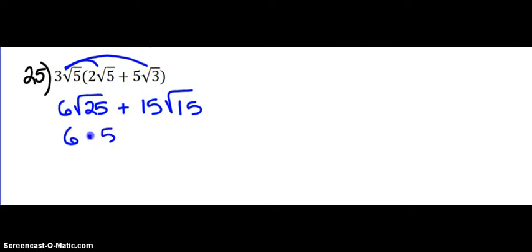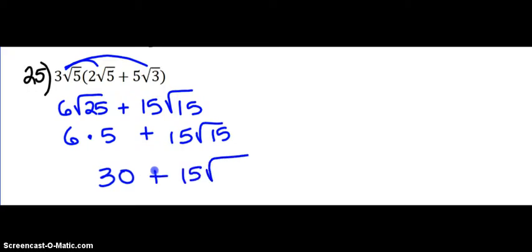So 6 times 5 is 30, plus 15 root 15. Root 15 cannot be simplified any further. There are no perfect square factors of 15. And this is going to be our simplified answer. Don't make the mistake of adding 30 plus 15 and writing an answer of 45 root 15, because these are not like terms. We are done with this problem.